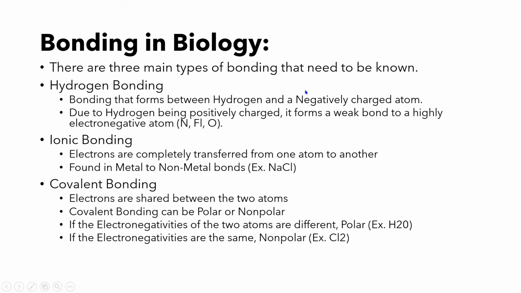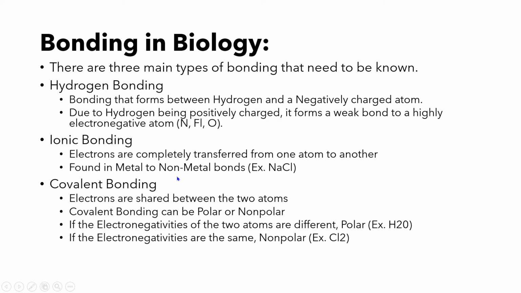And because of hydrogen's slight positive charge, it forms a weak bond to a highly electronegative atom. Some examples are listed here. And hydrogen bonding is one of the main reasons for the unique properties that water has, which we'll get into later.